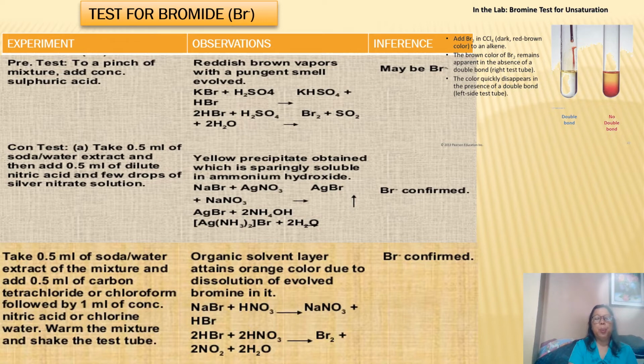But when you have done this in your experiment in the test for alkene, the brown or dark yellow color is absent. So if there is no double bond or triple bond, the color of the organic compound is yellow or dark yellow.